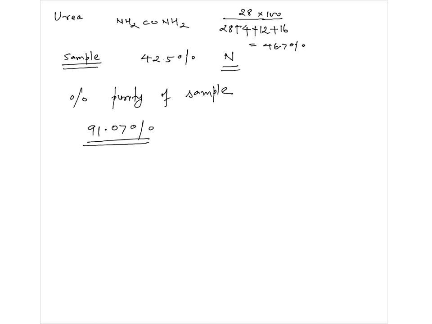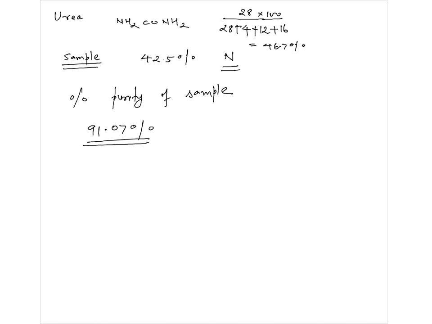You will see 2 atoms of nitrogen, 14 into 2, 28, plus 4 hydrogens is 4, carbon is 12, oxygen is 16. So molecular mass is 28 plus 4 plus 12 plus 16. Only 28 is nitrogen. So percentage of nitrogen is 28 into 100 divided by that molecular mass.